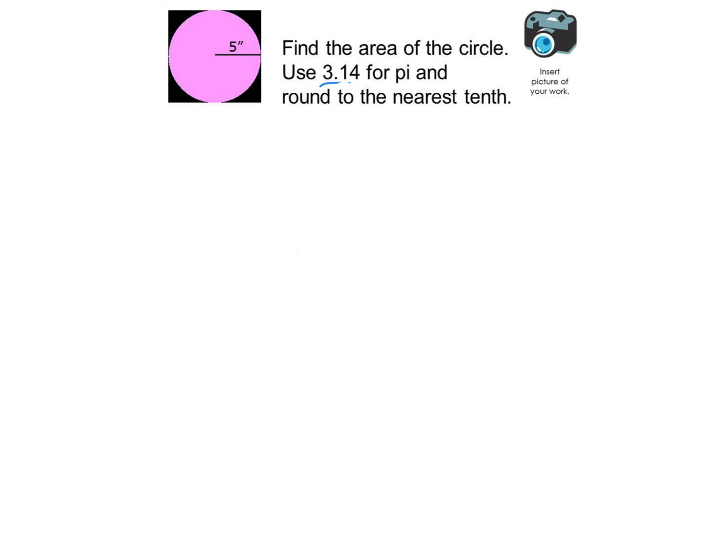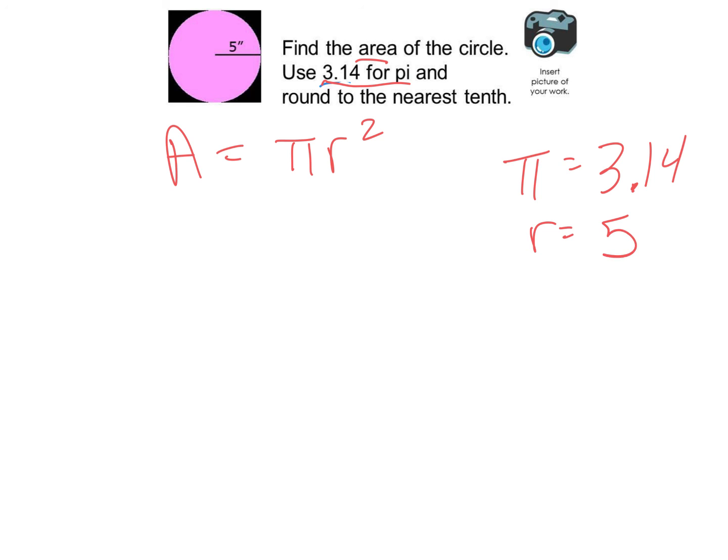All right, so this is asking me to find the area and to use 3.14 for pi. Area is equal to pi r squared. They tell me to use 3.14 as my approximation for pi, and my radius is 5. So I'm going to plug those in. Area equals 3.14 times 5 squared.